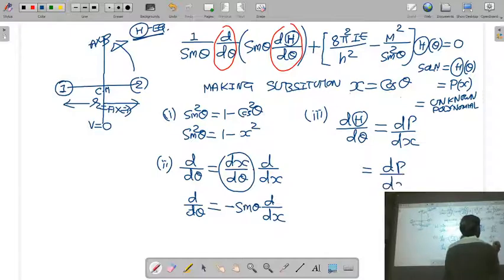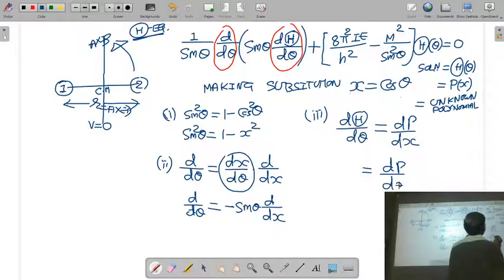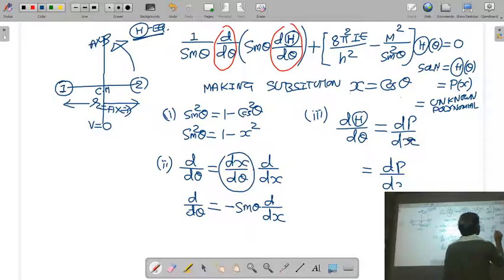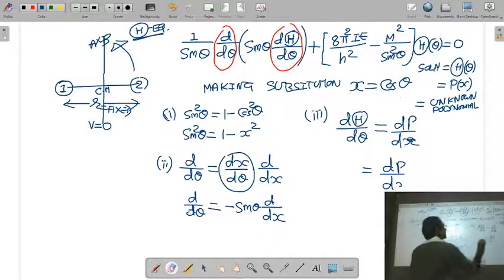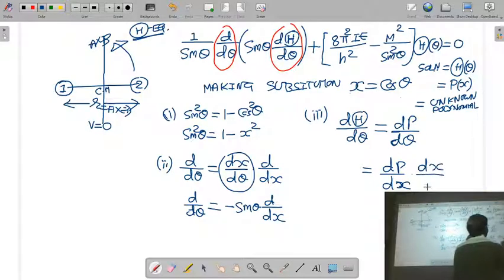Now this dP by d theta can be written as dP by dx into dx by d theta.